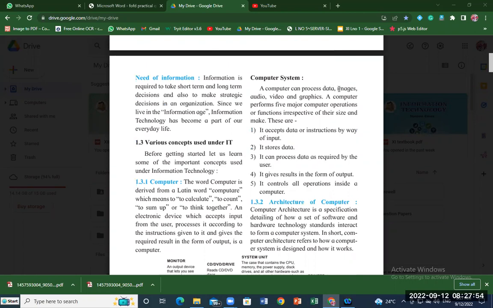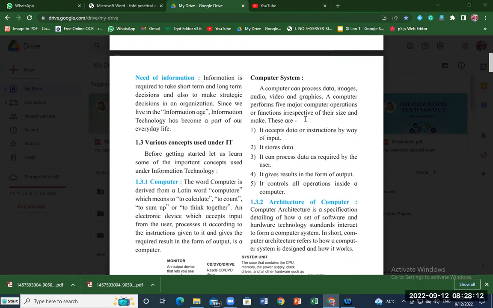I can go for Photoshop, images. I can go for audio recording and editing. I can even take a video and edit it, right? And I can deal with all the graphics, VFX, and animation also with the computer.